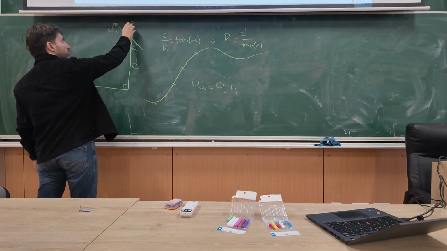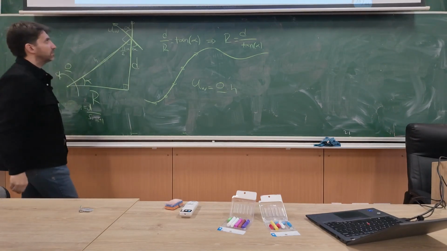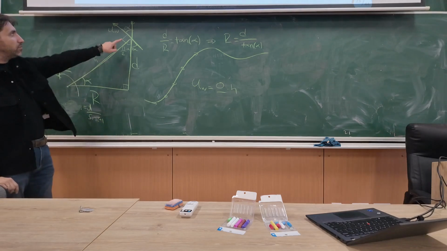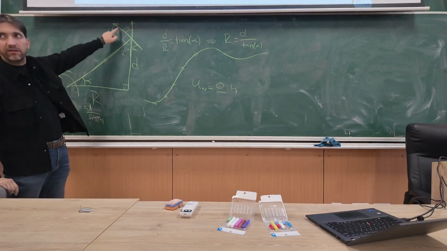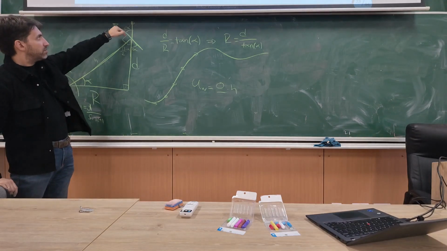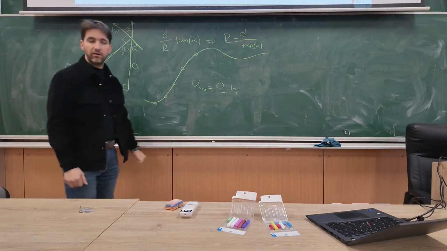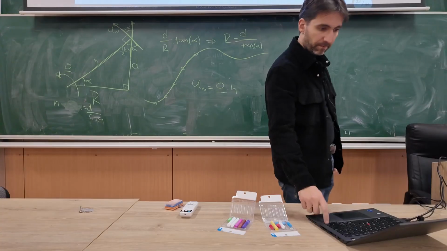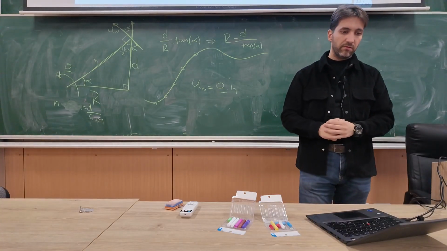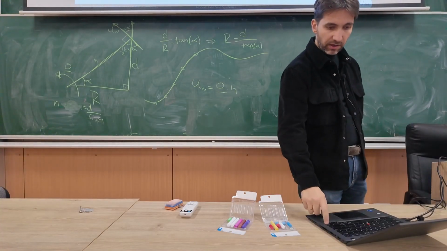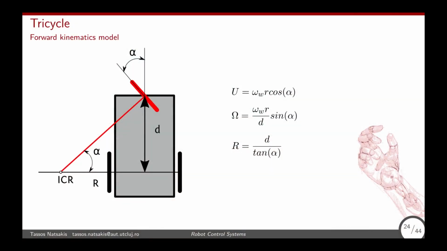So it will be this vector here. It will be the linear velocity of the wheel, projection on this axis, cosinus of alpha. Okay? So in the end I have these three equations.